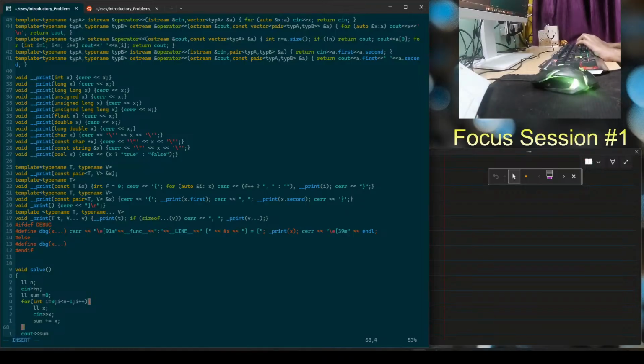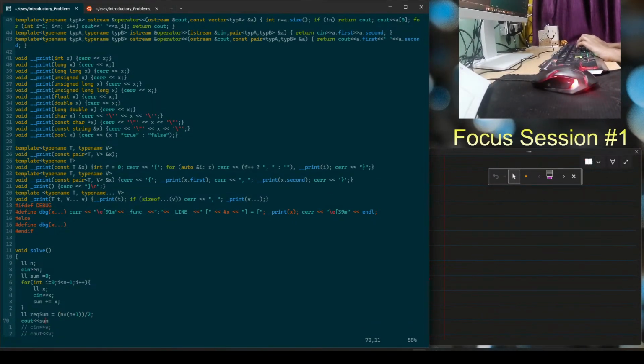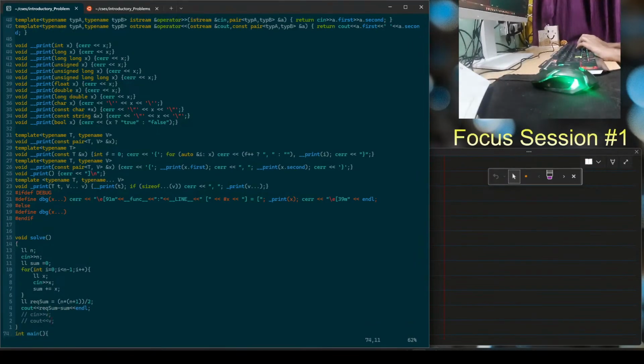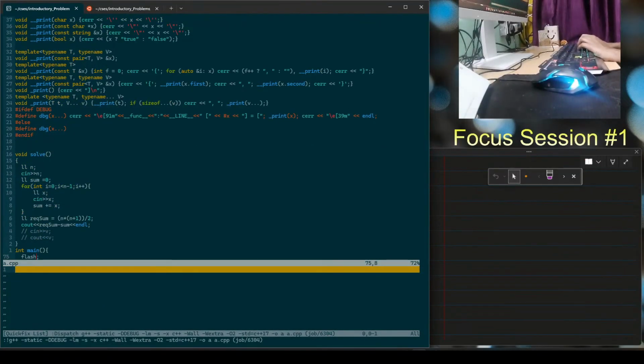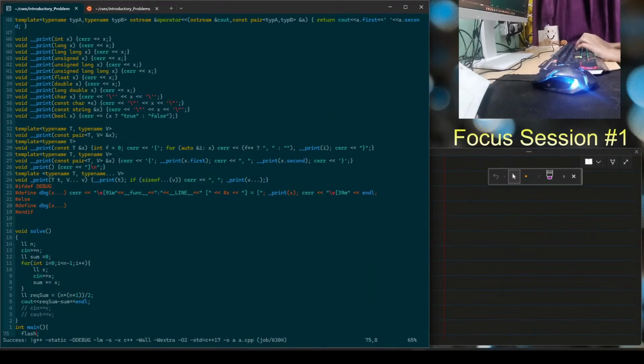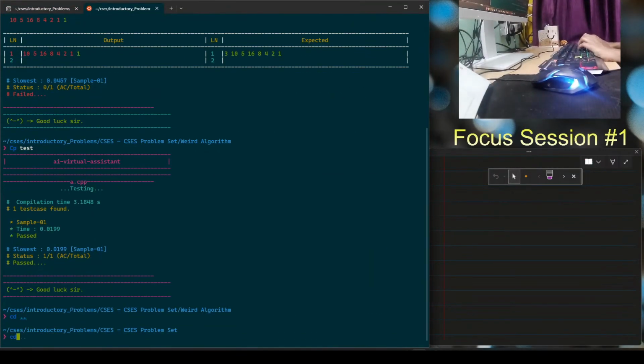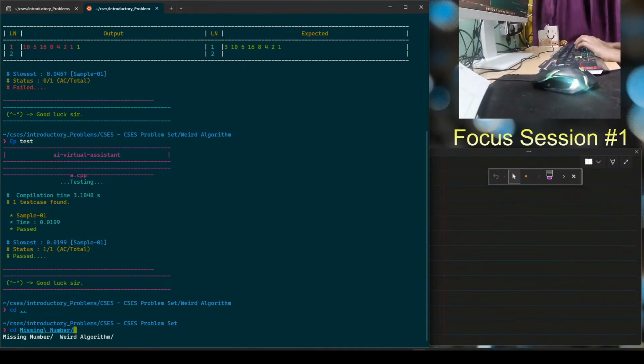The sum will be n multiplied by n plus 1 divided by 2. Okay. I will print sum minus sum of the input. This is what I require. Just compile this and we just move to this again.